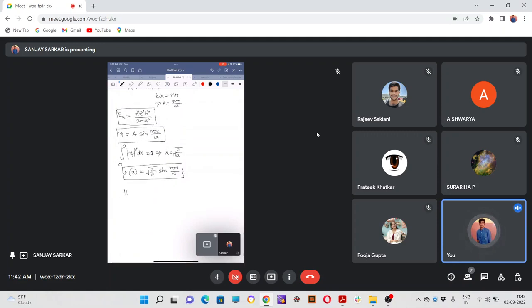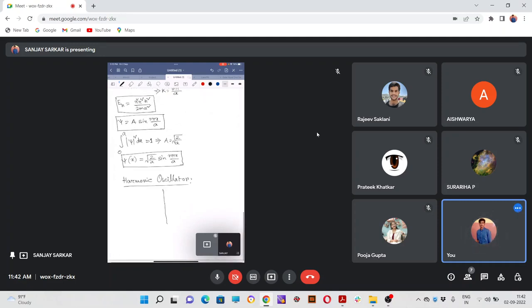So for the harmonic oscillator, the diagram is something like this: V(x) at 0, this is x.